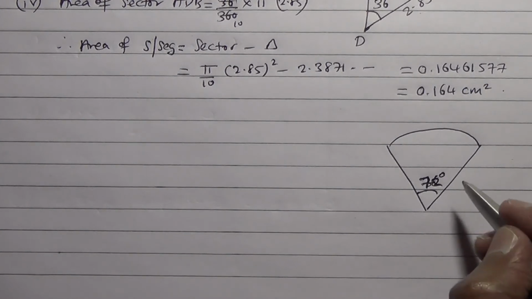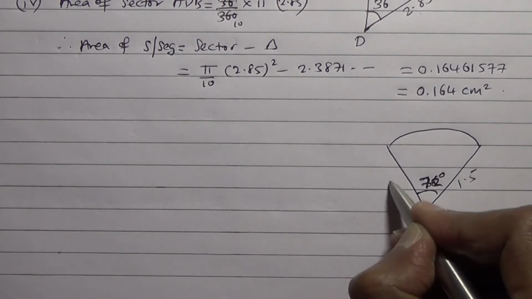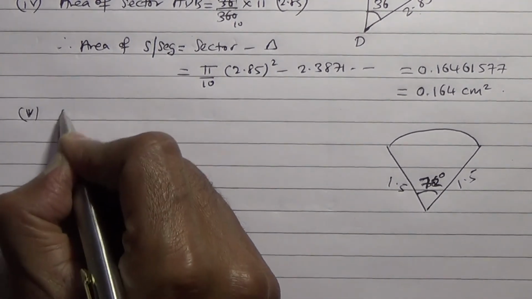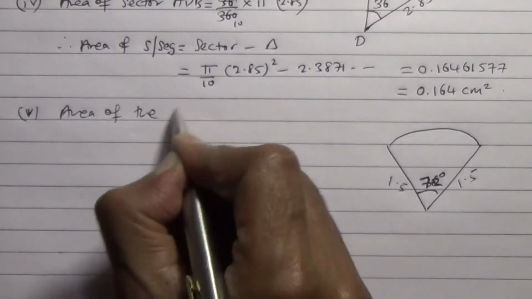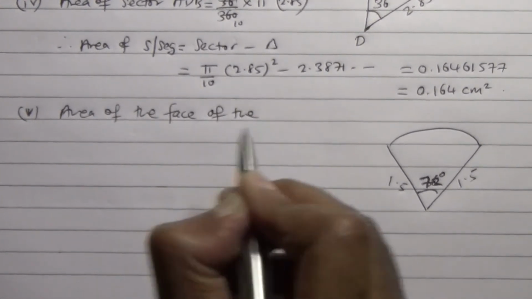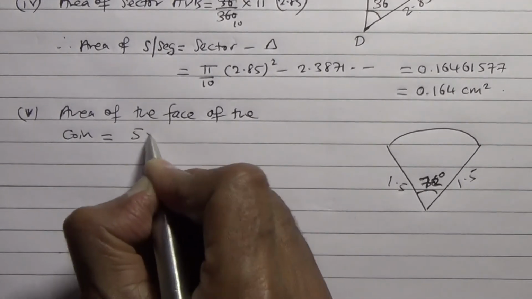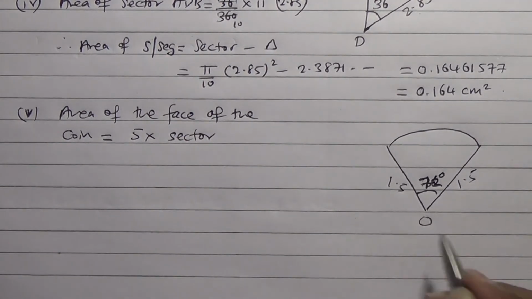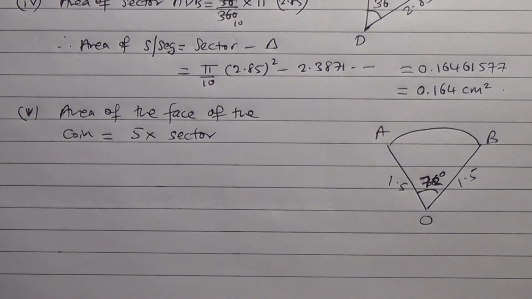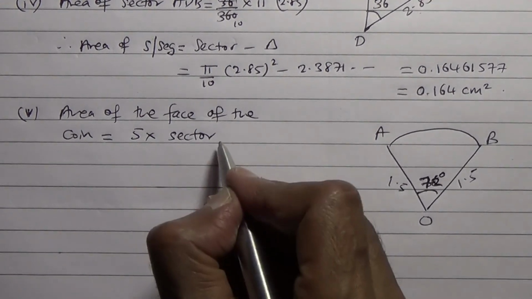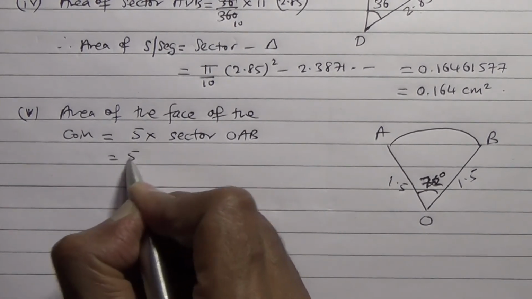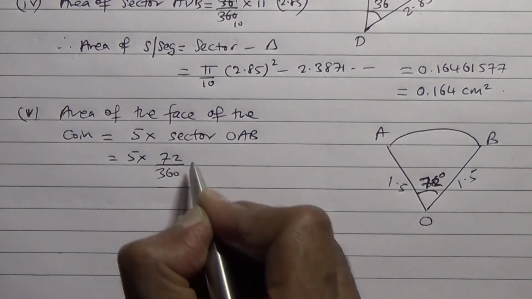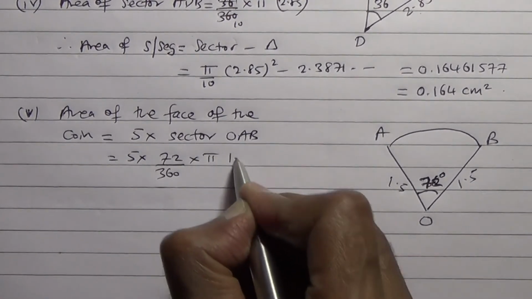And we know that the radius is 1.5. So therefore the area of the coin is equal to 5 times the sector, let's say OAB. Alright, so 5 multiplied by 72 over 360 times pi r squared.